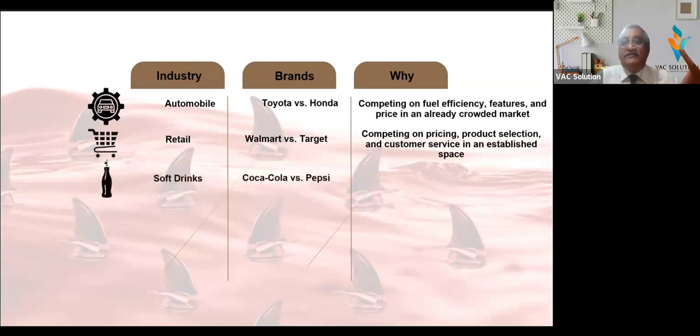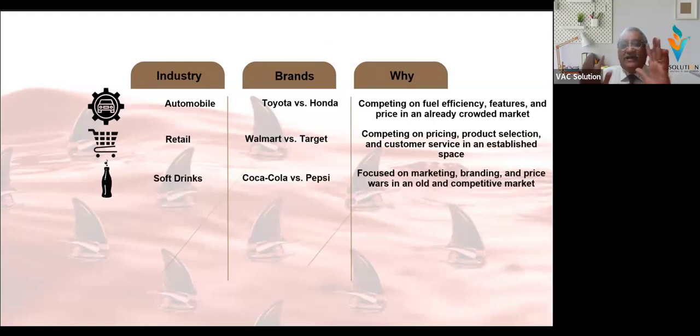Soft drinks industry, what is the dominant logic? Marketing, branding, price wars. The fight between Coca-Cola and Pepsi is totally a marketing fight, totally a branding fight. There is no difference between Coca-Cola and Pepsi.